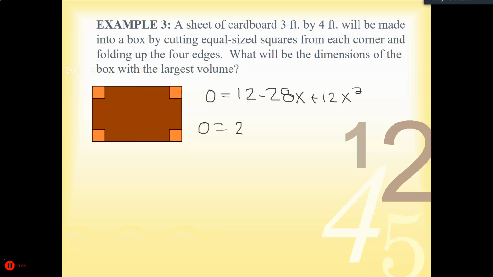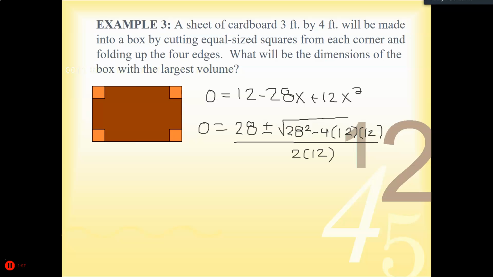So that's negative b plus or minus the square root of b squared minus 4ac all over 2a. And then we see that we get 2 roots.